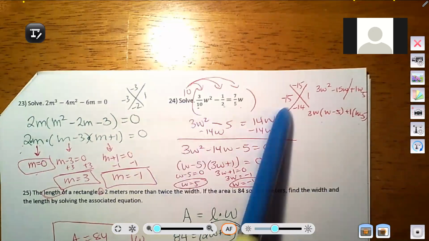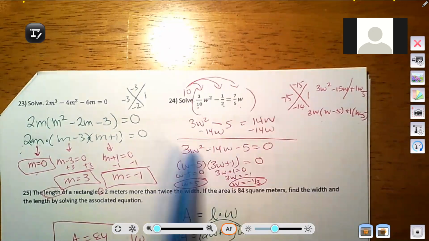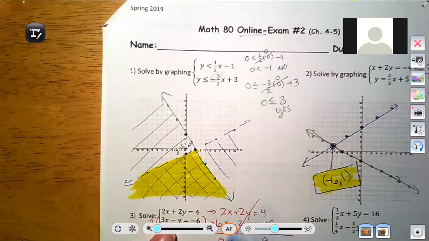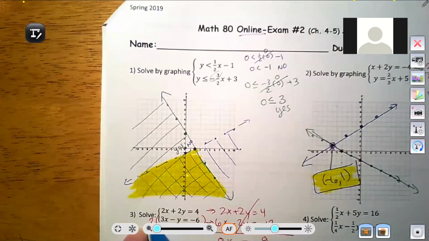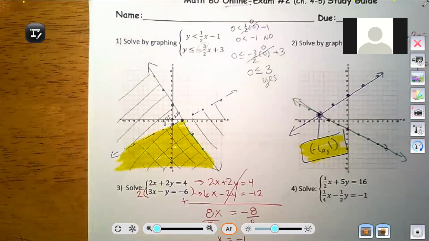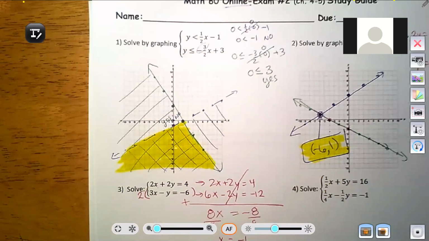So like for fraction or decimal problems, use the LCD, or when you're doing these systems, you want the lowest common, so you have to multiply to get the lowest common. You can get a bigger one, it's just that then your numbers are all bigger.